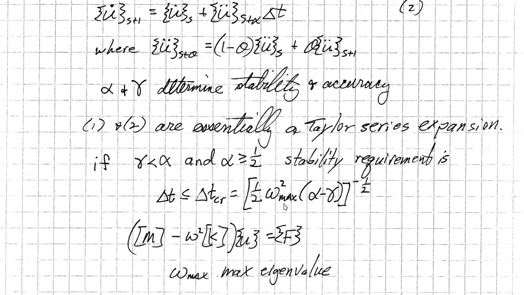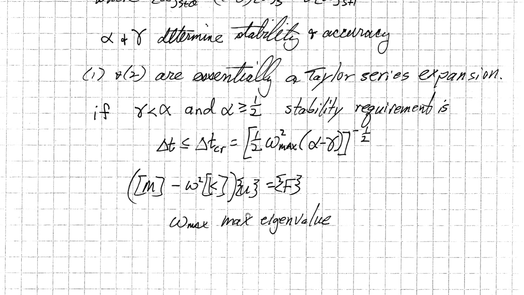Now of course you may not know your max eigenvalue at the beginning, but that's usually where engineering judgment comes in. You can often start with some small delta t, or let's say you start with a large delta t and it's unstable, then you know you need to continue reducing this until you can get a stable solution.